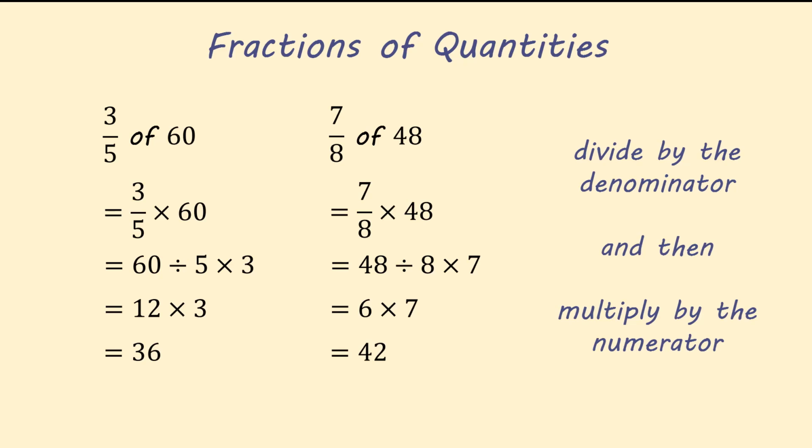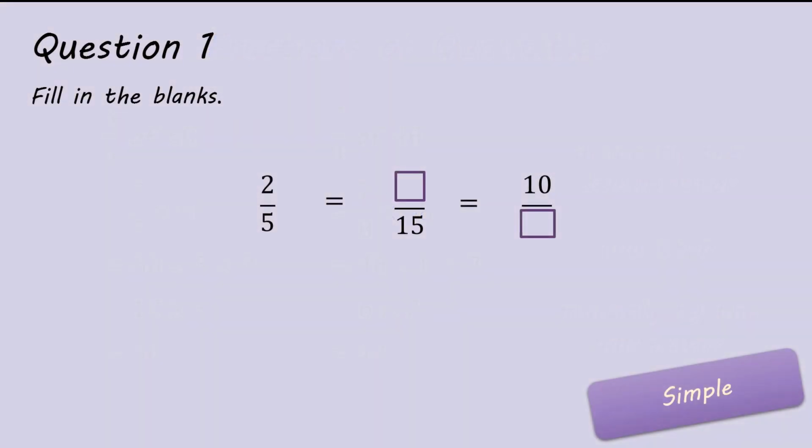Now we're ready to try some questions on what we've learnt so far. Question 1. Fill in the blanks. Here we need to find the fractions equivalent to 2 over 5. To find the numerator where the denominator is 15, think about what to multiply by to go from 5 to 15. We multiplied by 3, so multiply the numerator by 3 to give 2 multiplied by 3, which is 6.